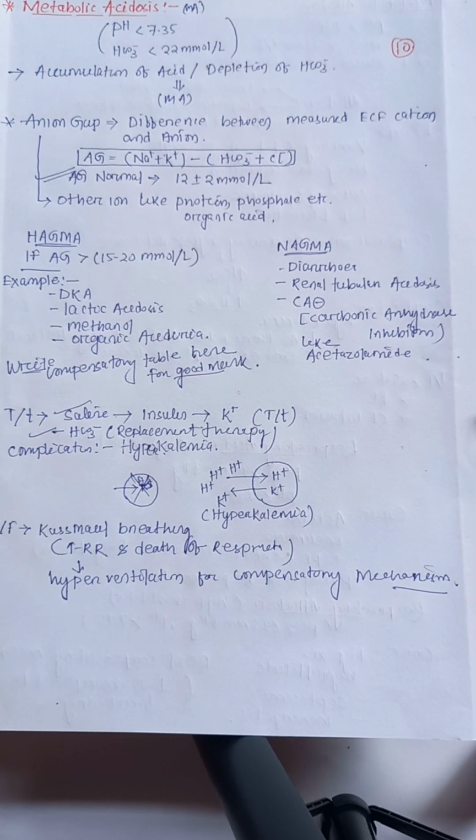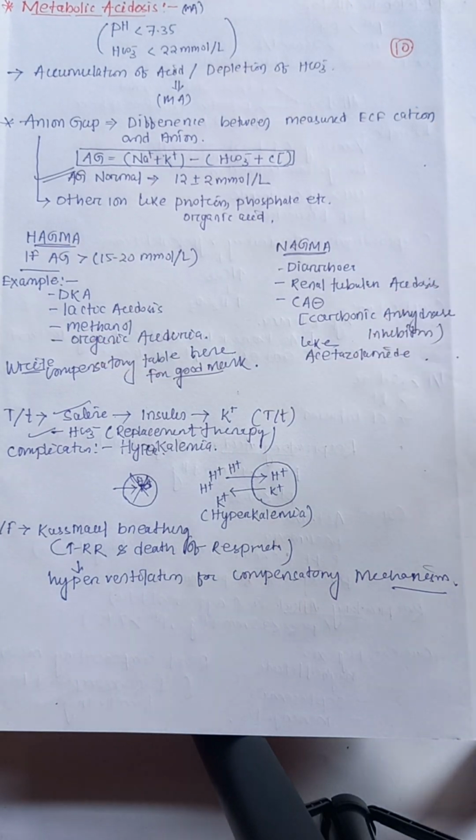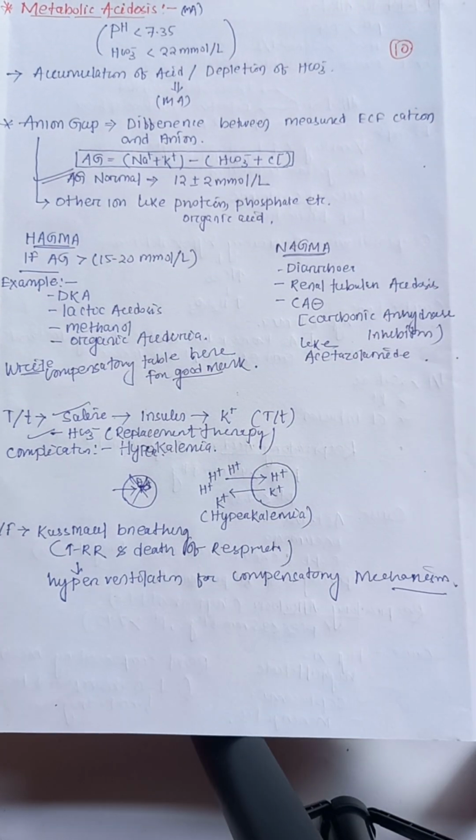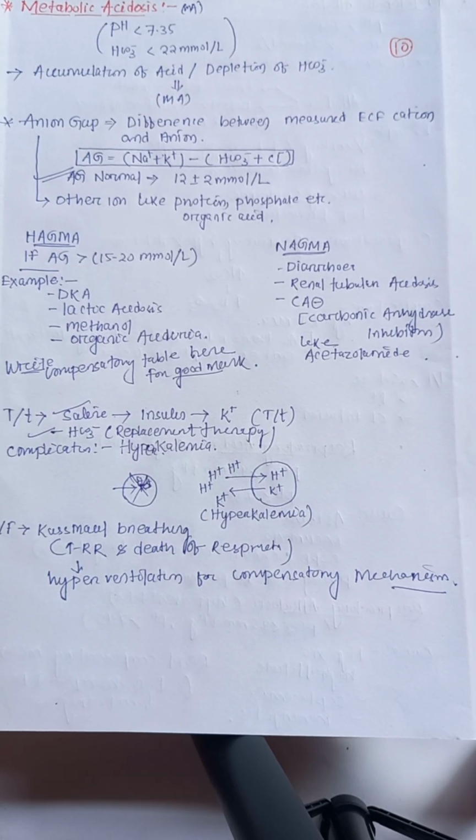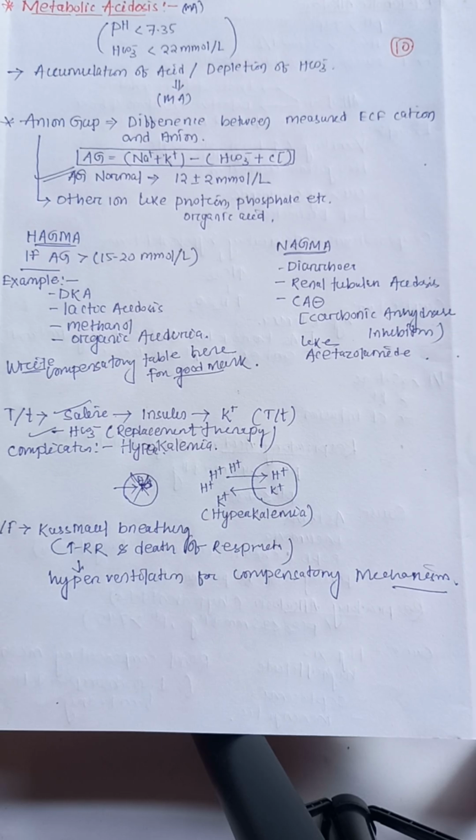This is the accumulation of acid or depletion of HCO3 minus. Try to understand what happens in metabolic acidosis: the primary defect is a decrease in HCO3 minus. But what causes are possible?